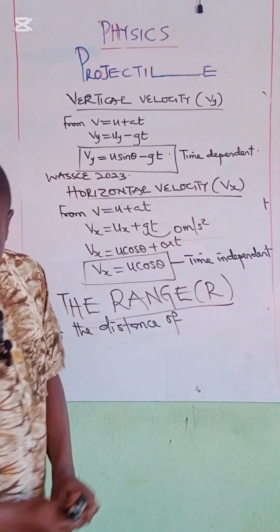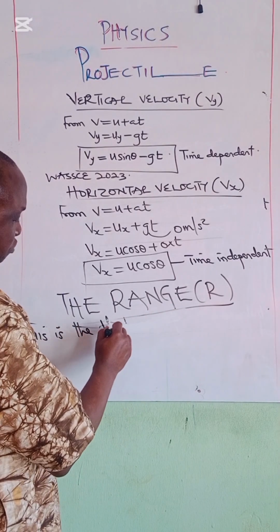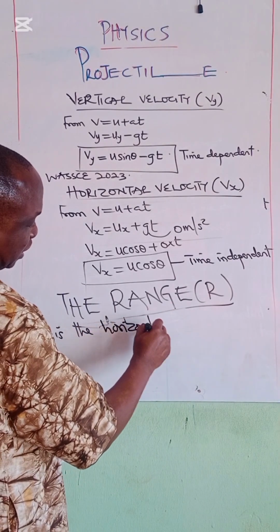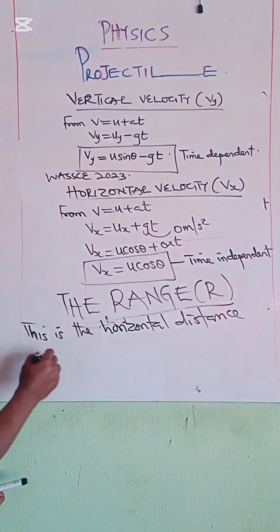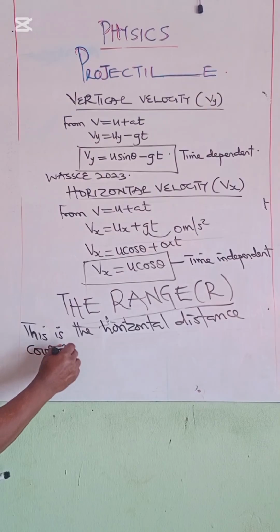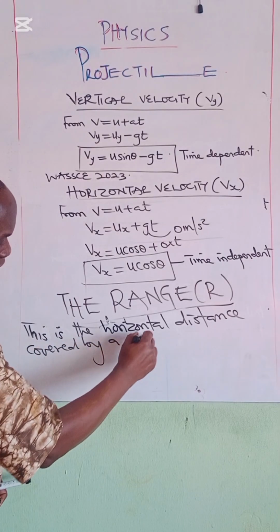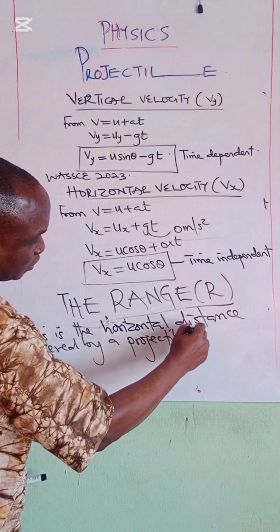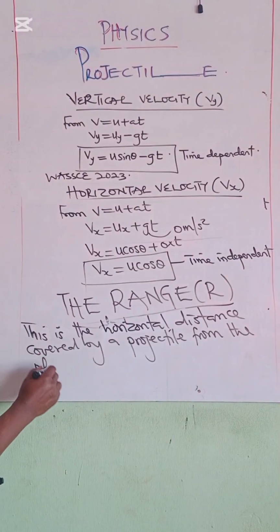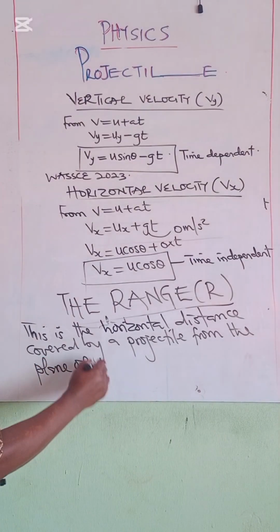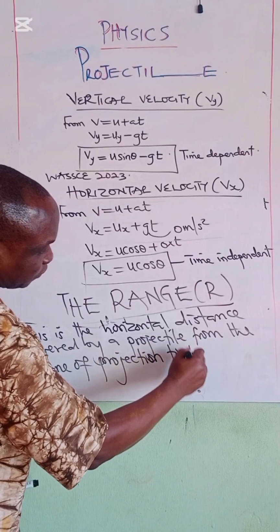It's better to call it horizontal distance covered by a particle or a projectile from the point or plane of projection to the point of landing.